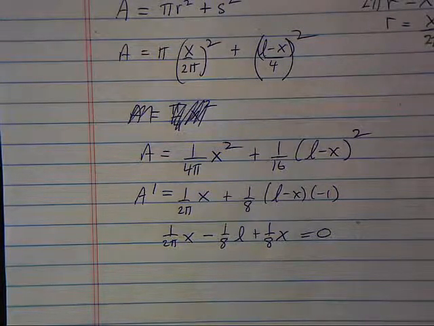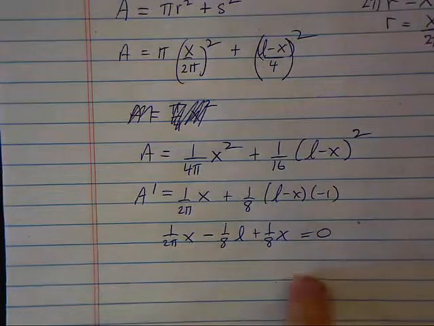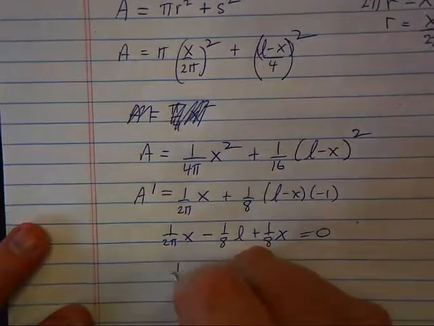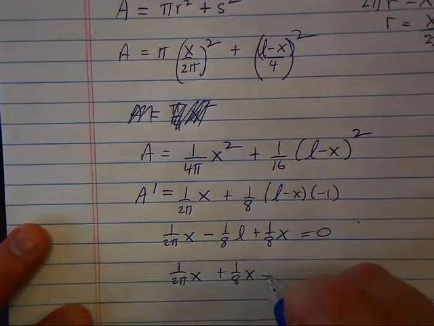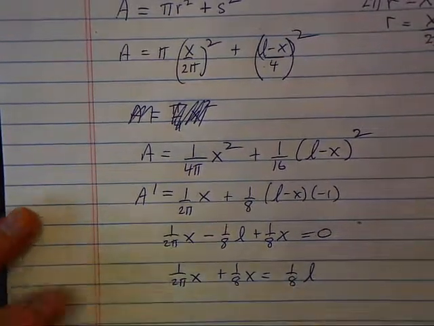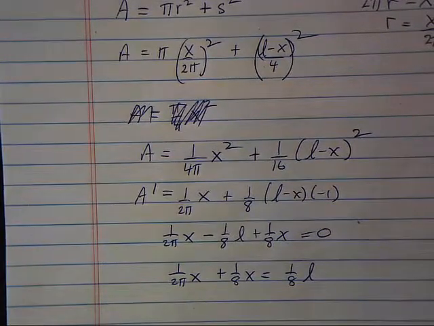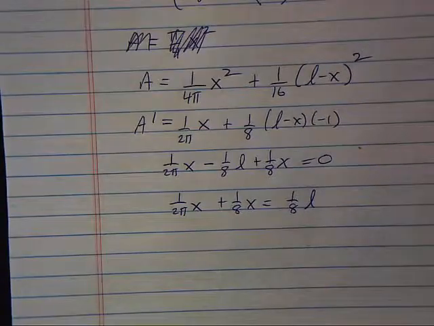Wolfram Alpha. I didn't bring it with me. That's a lie, I do have it actually. But what? Move the L over? Okay. So 1 over 2 pi x plus 1/8 x equals 1/8 L. That's a good move. Get all the x's on one side, all the things without x on the other. Factor out an x.